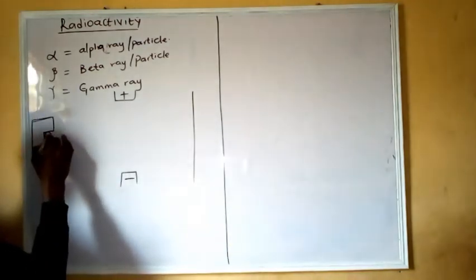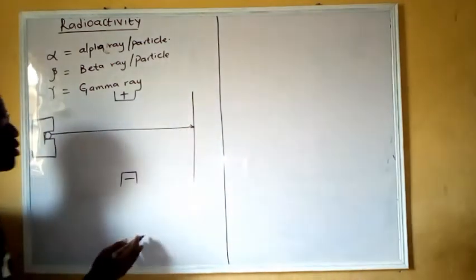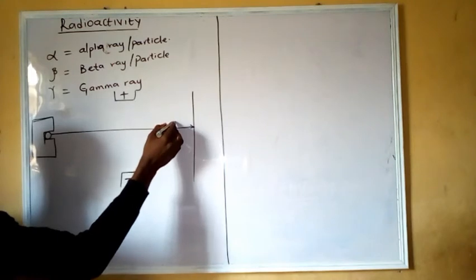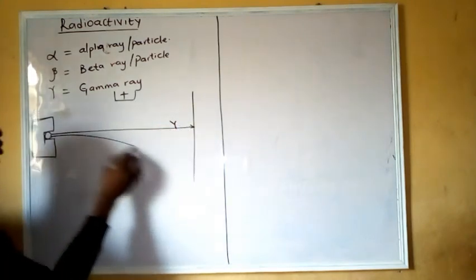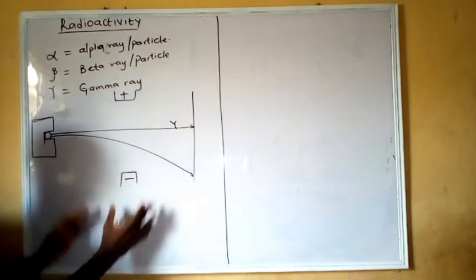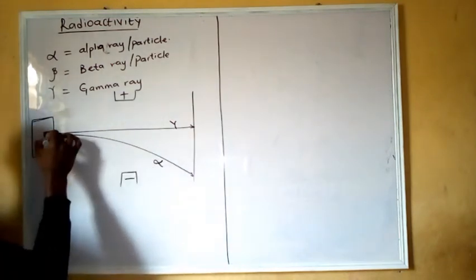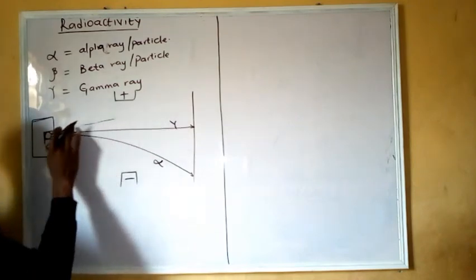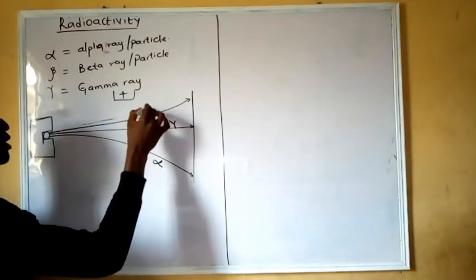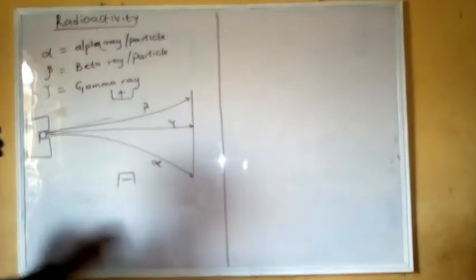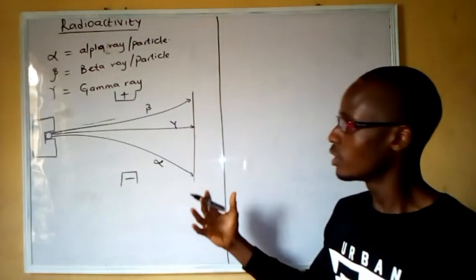This source of radiation emitted three radiations, and one went straight, which is gamma radiation. Then the other one deflected towards the negative side, so this is alpha. And this deflected towards the positive side, and that is beta. So this explains the properties of the radiations.